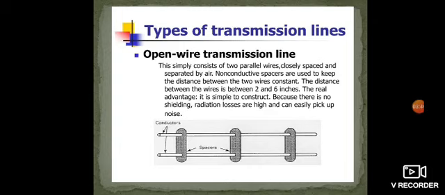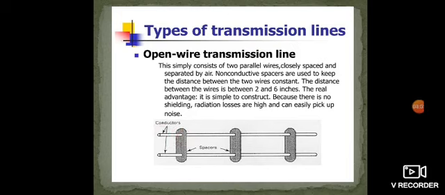Simply, it consists of two closely spaced wires separated by air, and non-conductive spacers are used to keep the distance between the two wires constant.